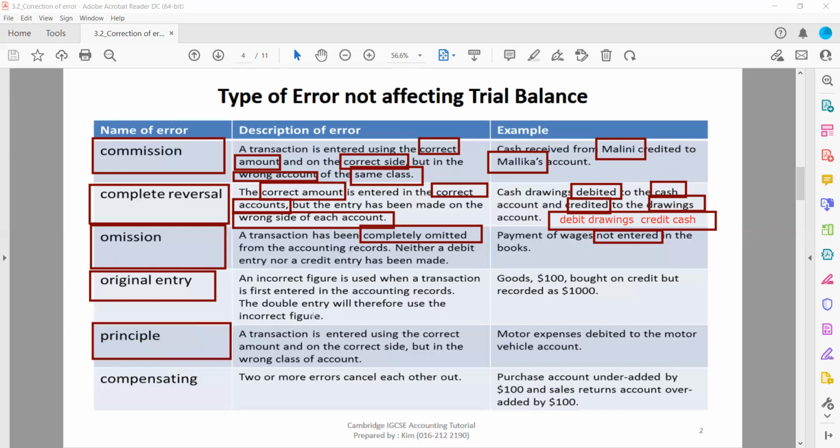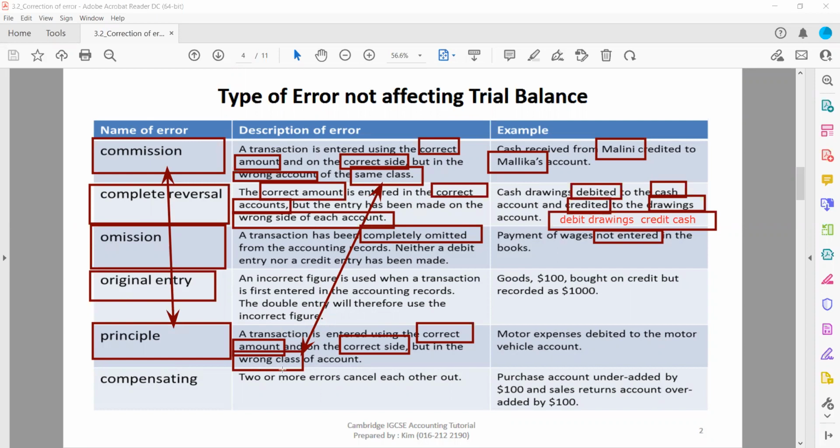Principle. A transaction is entered using the correct amount and on the correct side, but in the wrong class. So be careful with this one because most of the time we get confused. Here, this is a commission error. This is called a principle error. Commission is a wrong account in the same class. Principle is a wrong account, wrong class.